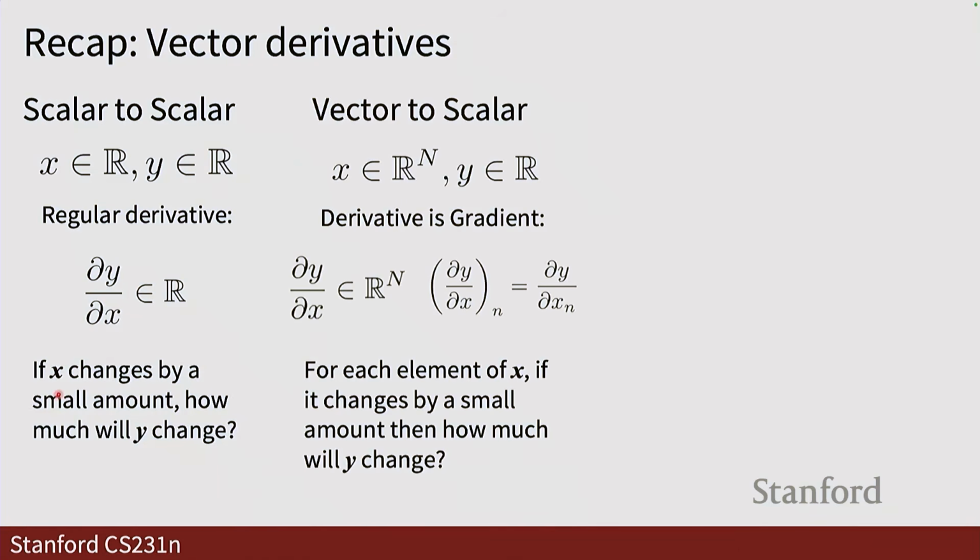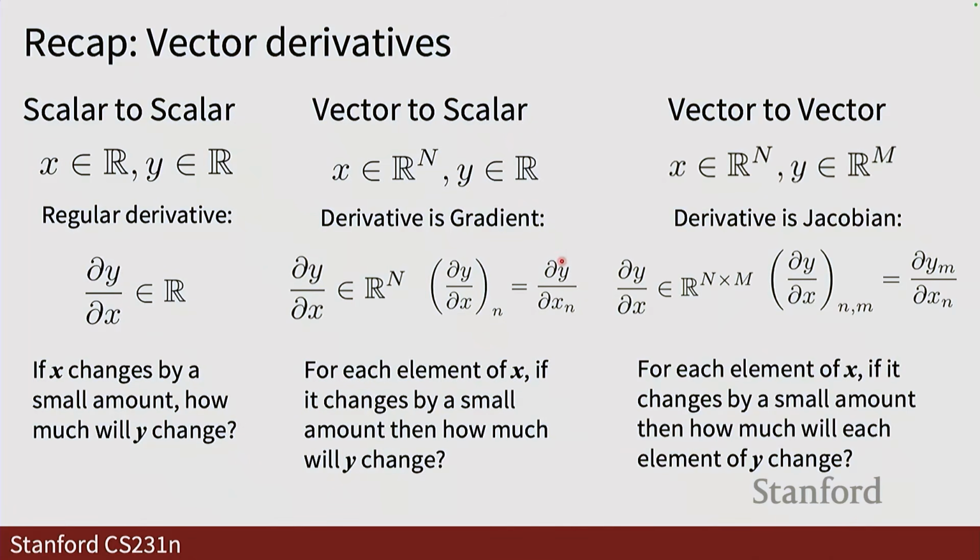If it's now vectorized, if x is a vector of n elements and y is a scalar, a vector to a scalar derivative, then in this case, the derivative will also be a vector, and every single element in that vector means if we change x by a small value, then how much the amount of y changes, because y is just one single value.